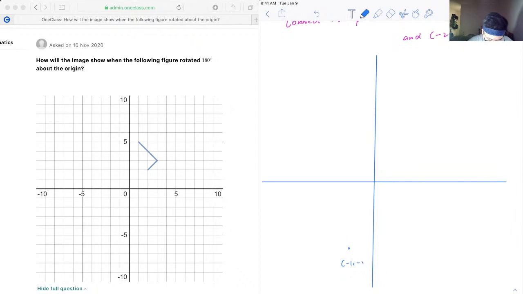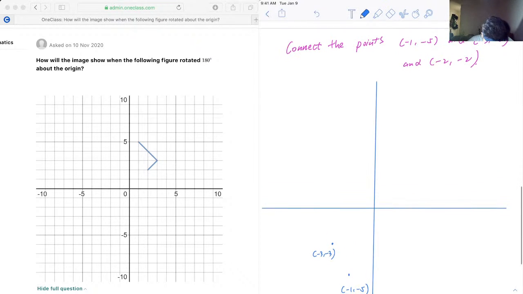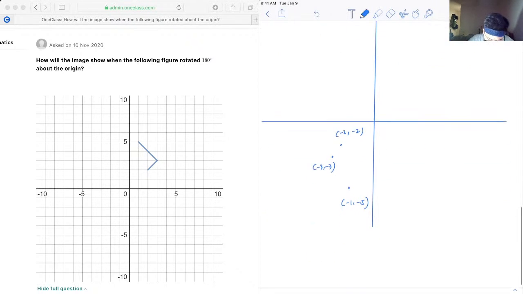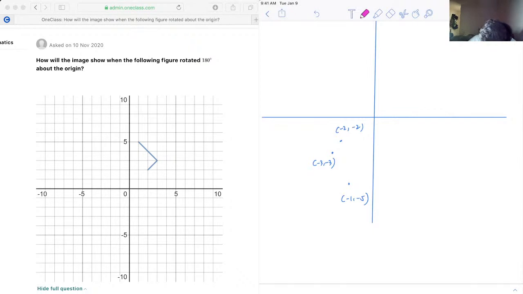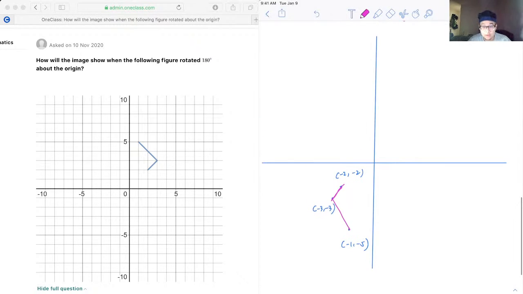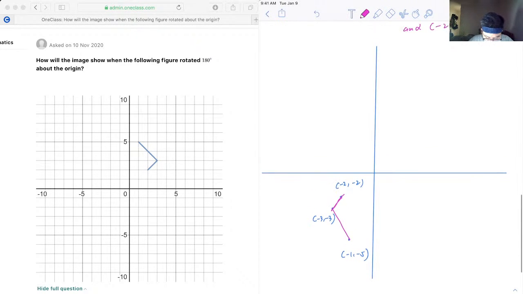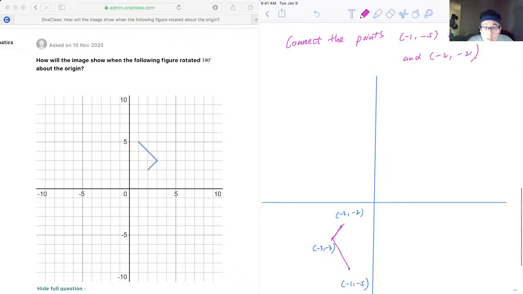Negative 1, negative 5, and we have negative 3, negative 3, and lastly we have negative 2, negative 2, and we just connect them together. Okay, yep, so it should look something like this. So that's how the image looks after being rotated 180 degrees about the origin.